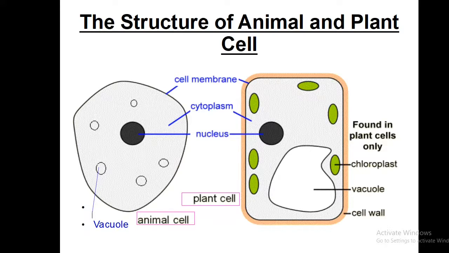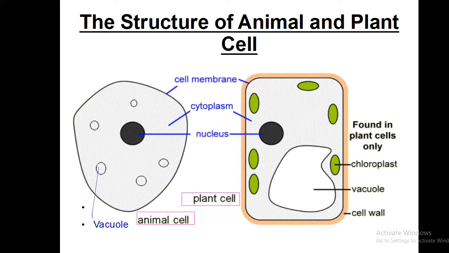And now we will turn to the cytoplasm. The cytoplasm is a fluid inside the cell where all the components of the cell swim. And the chloroplast is found in the plant cell only, and the animal cell doesn't have any chloroplast.